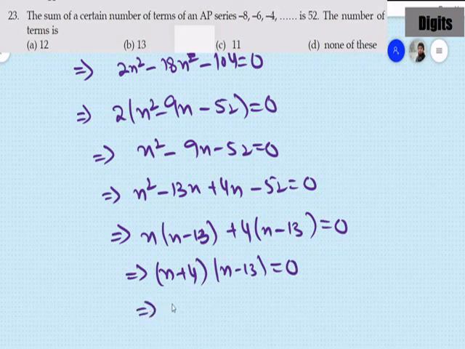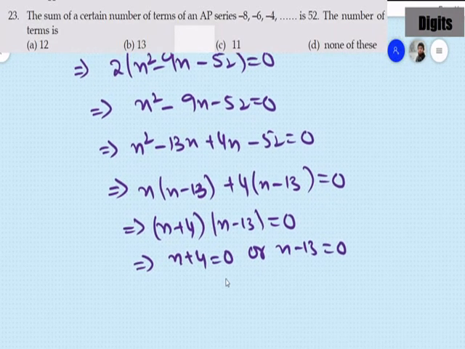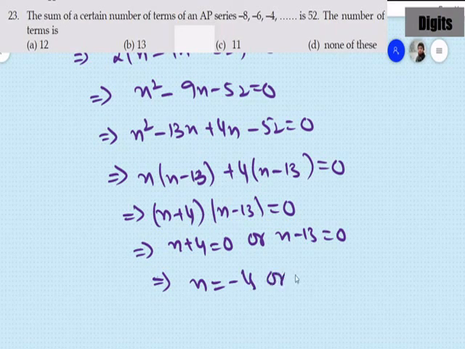Here it implies either n plus 4 equal to 0 or n minus 13 equal to 0. From this we know either n is equal to minus 4 or n equal to 13. But n equal to minus 4 is to be rejected or discarded.